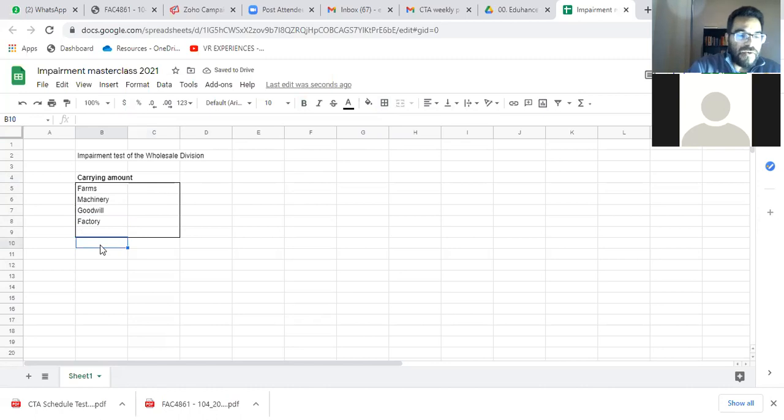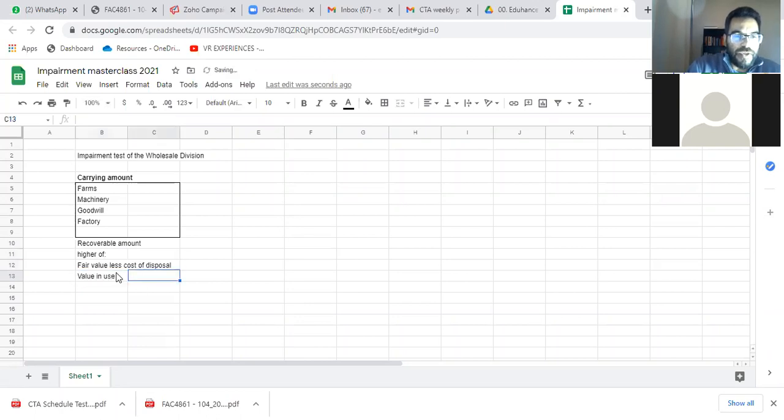Then we want to have our recoverable amount. Now remember, the recoverable amount is the higher of fair value less costs of disposal and the value in use.